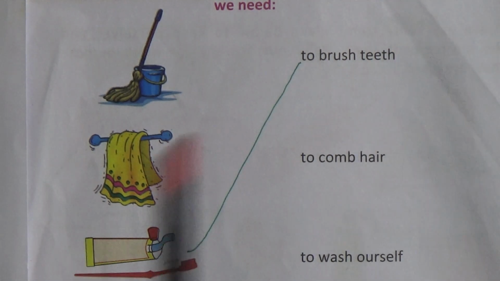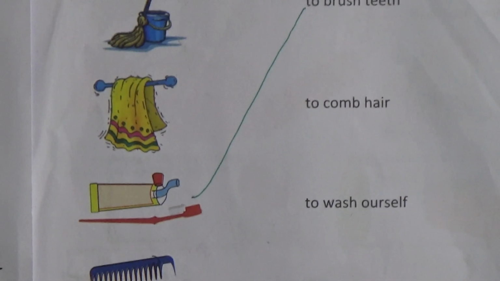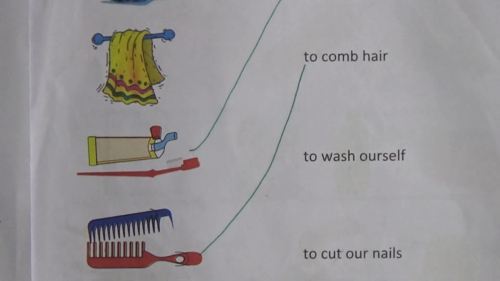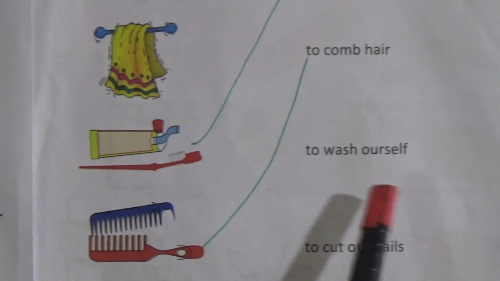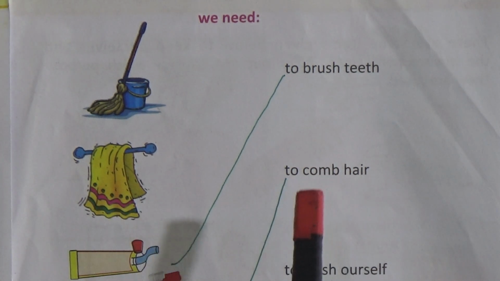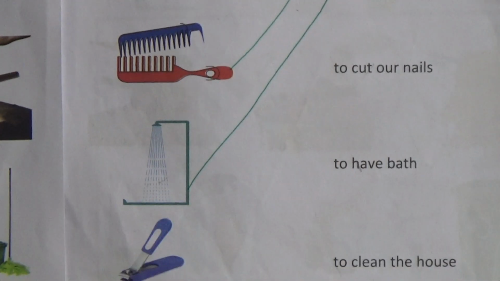Next one here is, to comb hair. We use a comb to comb hair. Then we will match with hair. And now, to wash ourselves. To wash ourselves, what do we use? To wash ourselves, we take a shower.